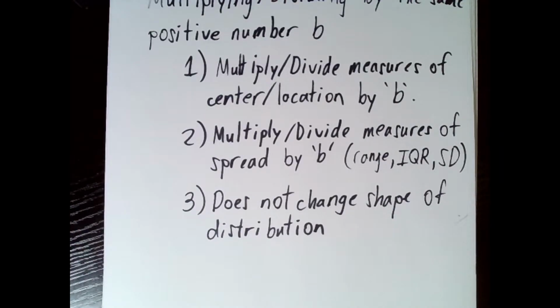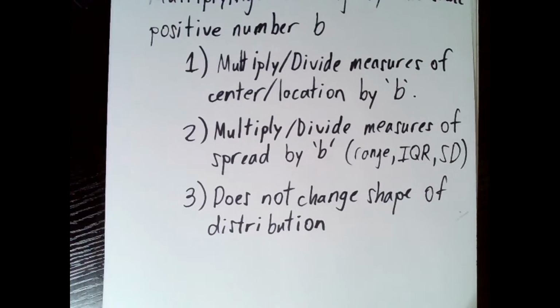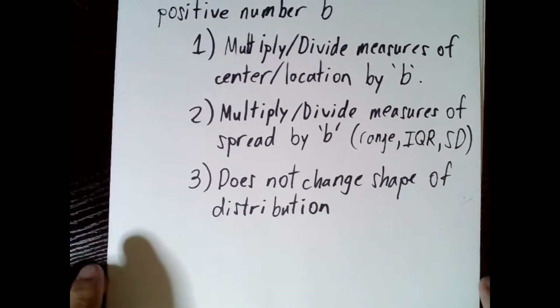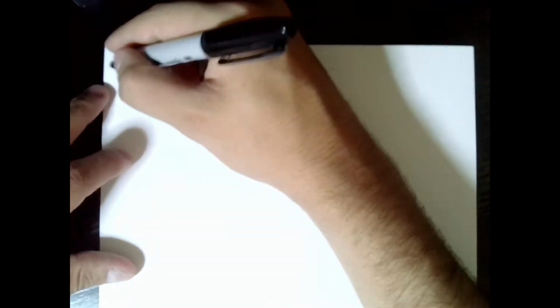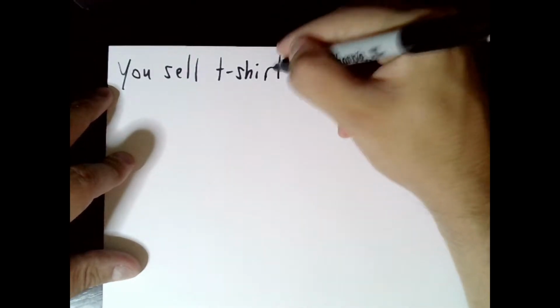Okay, so we're going to delve into how we can use both transformations at the same time. Now I'll get a separate sheet of paper. Probably should start the page. And here's the hypothetical I'm going to give you. It's a pretty basic hypothetical that we use in this chapter. So let's say you sell t-shirts online. Okay.